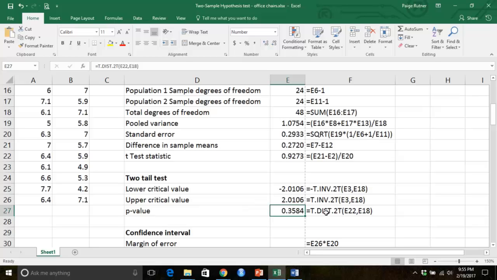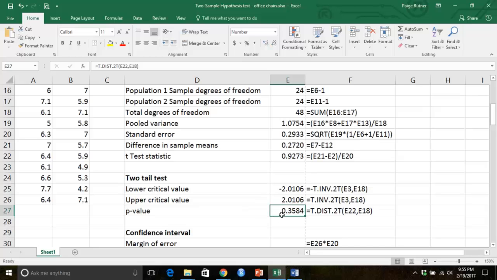And so with a 35% chance, yeah, they're different, but they're not different enough to say that it is statistically significant. Therefore, we do not reject our null hypothesis. And that confirms what we decided in our critical value approach to the testing.